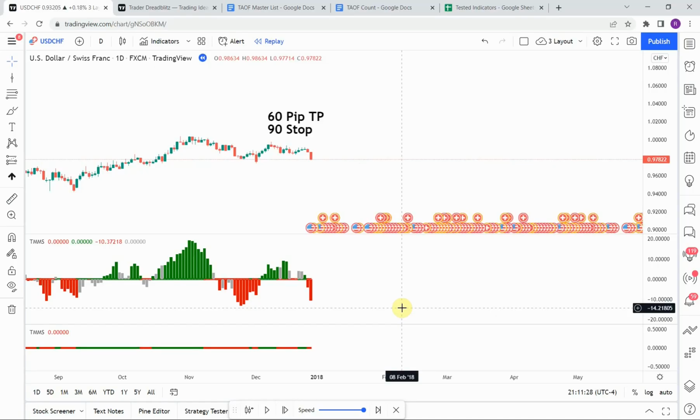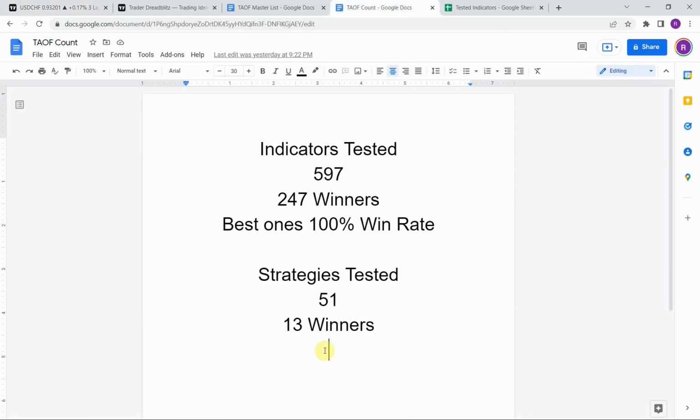Alright, as I said, today we will be testing the TMMS Oscillator. Before we do though, I wanted to put the testing scoreboard up for everyone to see. To date, we have tested a total of 51 different strategies, with 13 of them being profitable. We've also tested a total of 597 indicators, with 247 of them being winners.